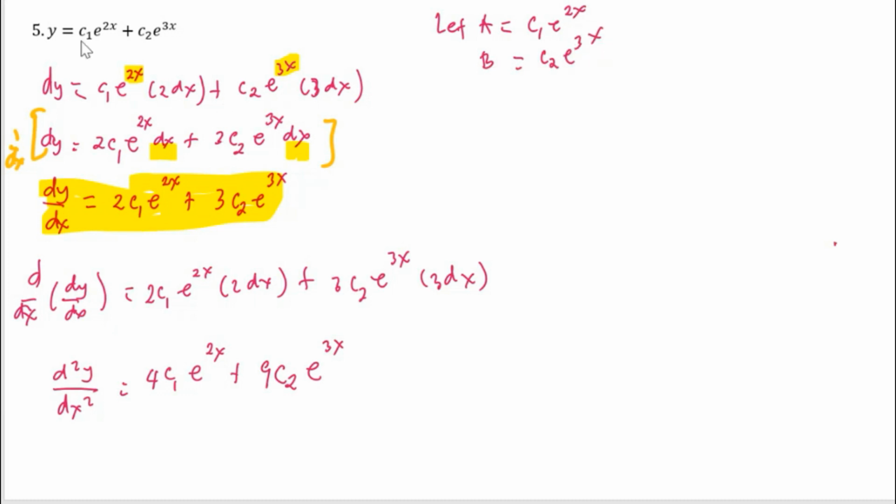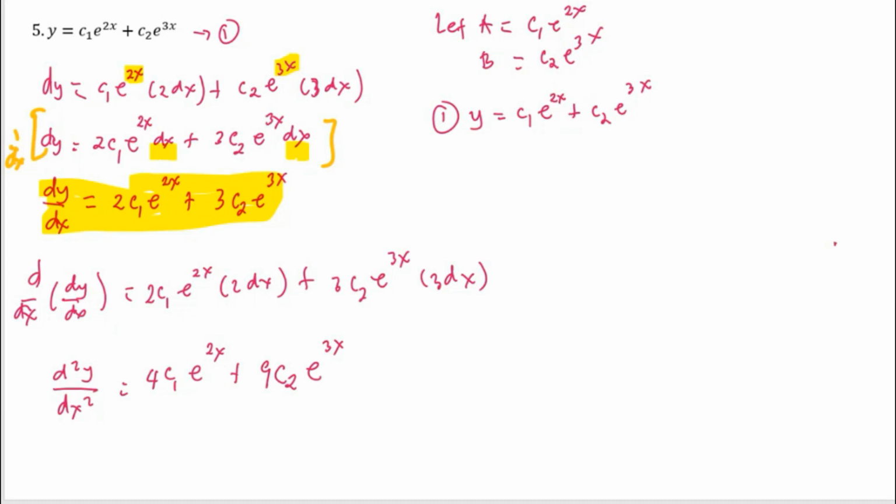From the original equation, we can now rewrite in terms of a and b. I will say that this is our equation number 1. From there, I can rewrite that as y is equal to c sub 1 of e raised to 2x plus c sub 2 of e raised to 3x. Then I will use the assumption of a and b, where a is equal to c sub 1 of e raised to 2x and b is equal to c sub 2 of e raised to 3x.